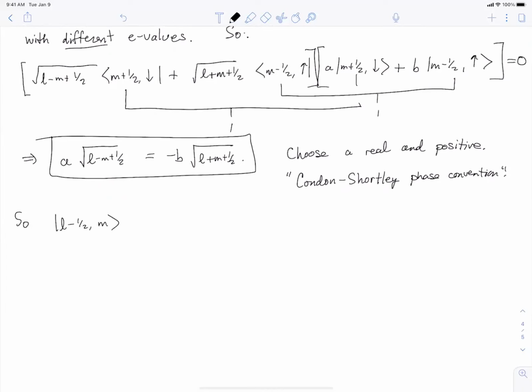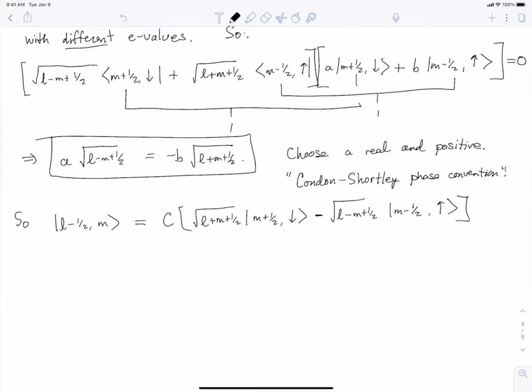Our state L minus 1/2 M is equal to, I'm going to call the constant C for constant. Okay, and so we found that it's this linear combination. The other one has to have a minus sign though because of this minus sign. Okay, so unfortunately we can't get rid of all the minus signs. That would be too good to be true.